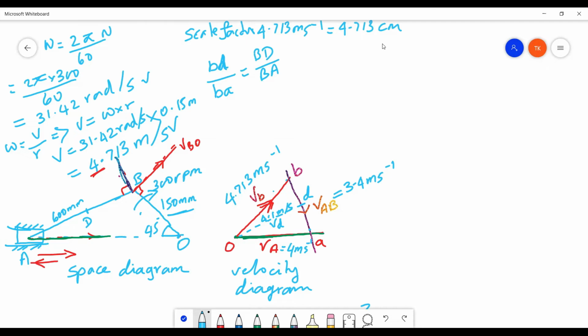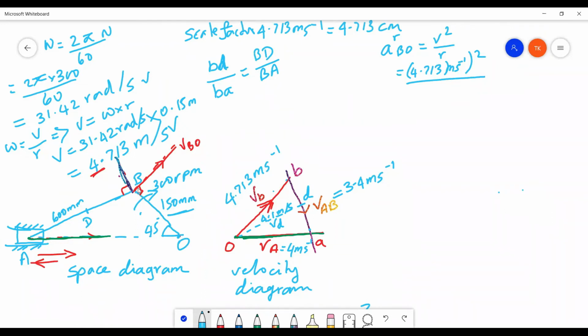The radial component of the acceleration will be given by V squared upon R, and the tangential component will be given by alpha into R. So V squared upon R, I know V is equal to 4.713 meter per second, whole squared, upon R. R is the length of the crank.